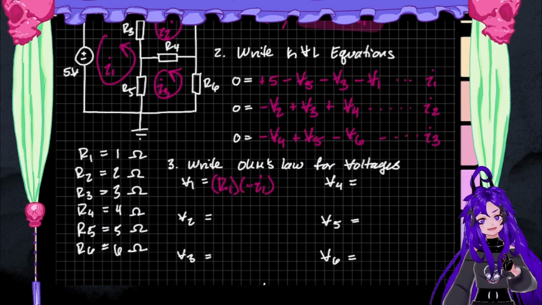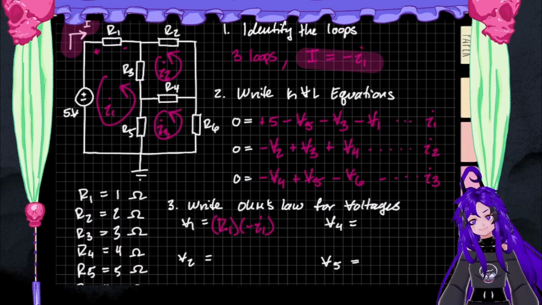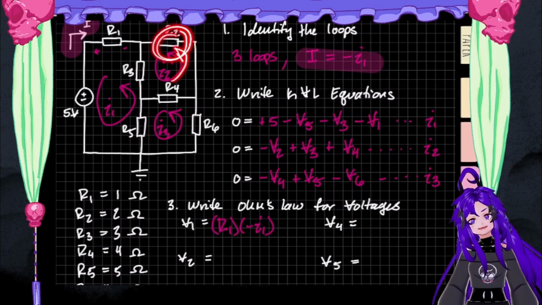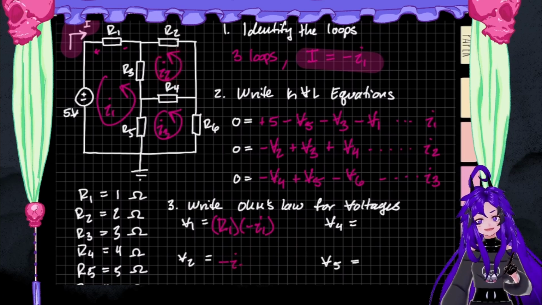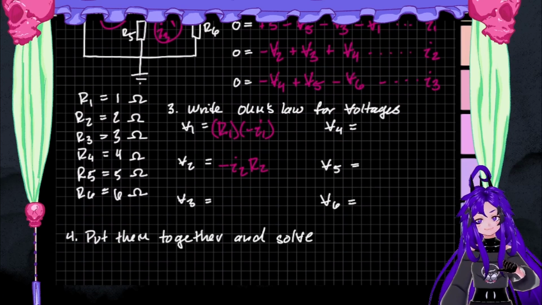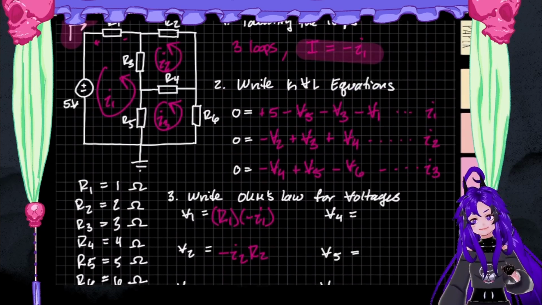So V2 is R2, right? I2 is going in the opposite direction of our convention. So this one's also going to be negative I2 R2. And then we're going to do V3.